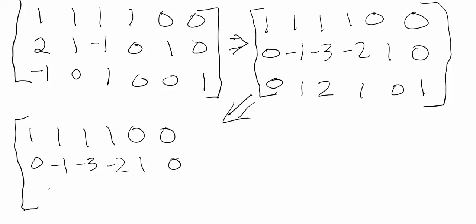But in the last row, we need to get rid of the 1. That's the second component of the third row. So we'll do that by taking the previous row 2 and adding the previous row 3, and that'll be our new row 3. So 0, 0, minus 1, minus 1, 1, 1.